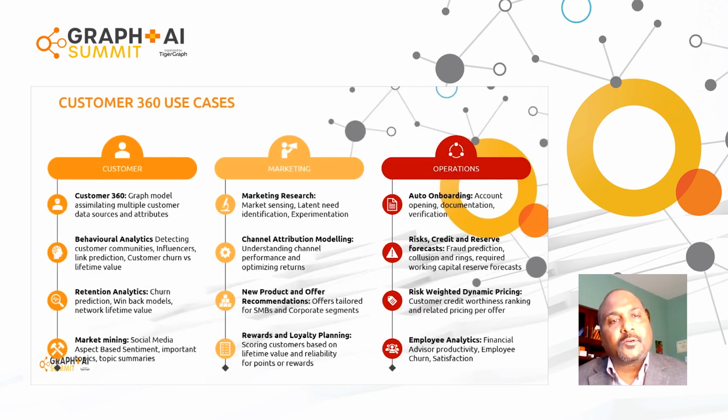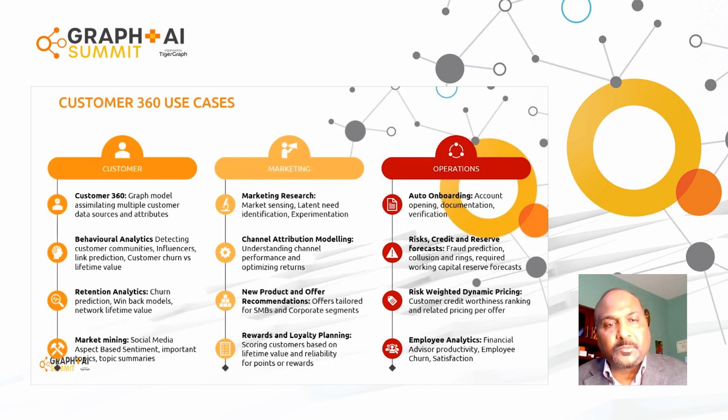Finally, let us talk about customer 360 use cases. Our experience at Capgemini precisely dictates the customer 360 approach and the utilization of the investments in three different areas: customer, marketing, and operations.